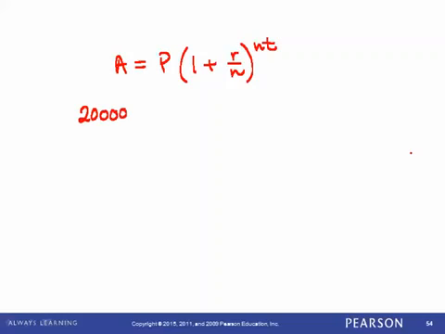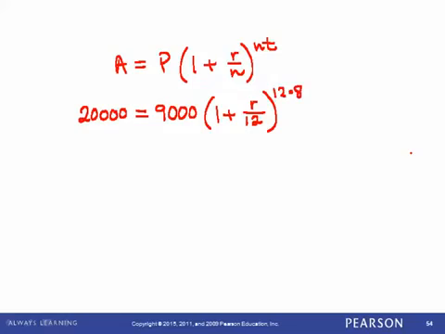So let's go for it. This was going to be a tough one here because it's going to go backwards. So there's our formula. But at the end, we want $20,000. We have $9,000 to start with. We don't know what the interest rate is, but we know we're compounding it monthly. So there's your 12, and then we're going to do it for 8 years. So now it becomes an algebra problem here.